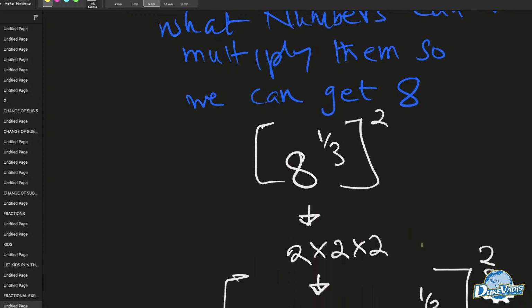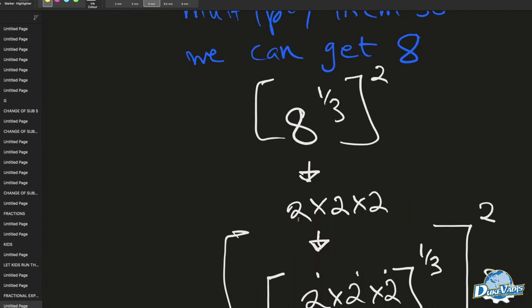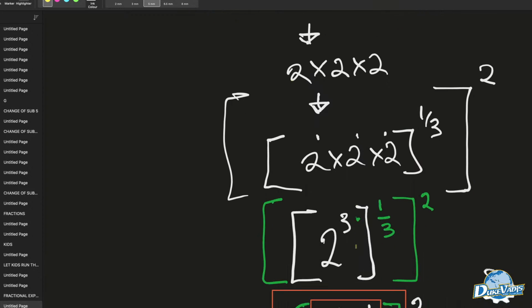Then friends, we realize that when we multiply 2 by 2 and 2, that actually gives us 8. And bear in mind that it's going to be 2 times 2 times 2 raised to the power 1/3 over here.